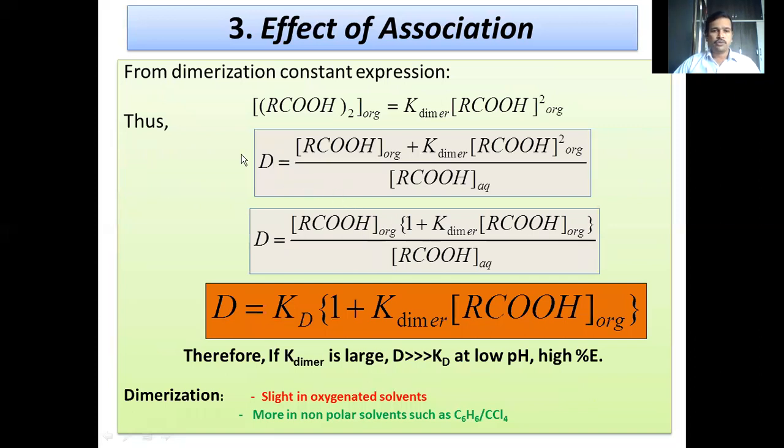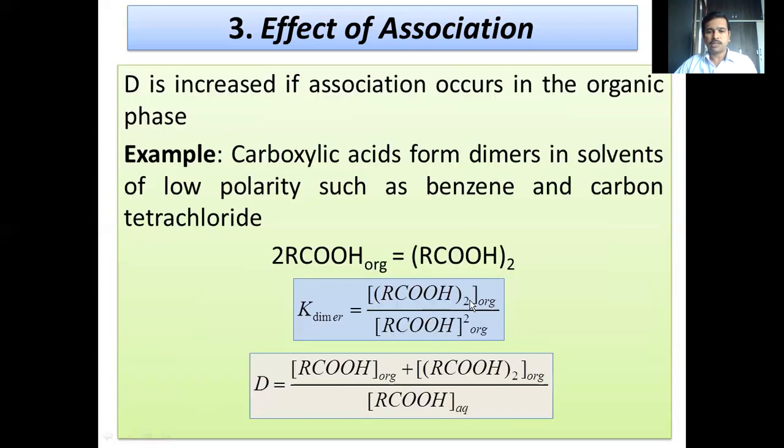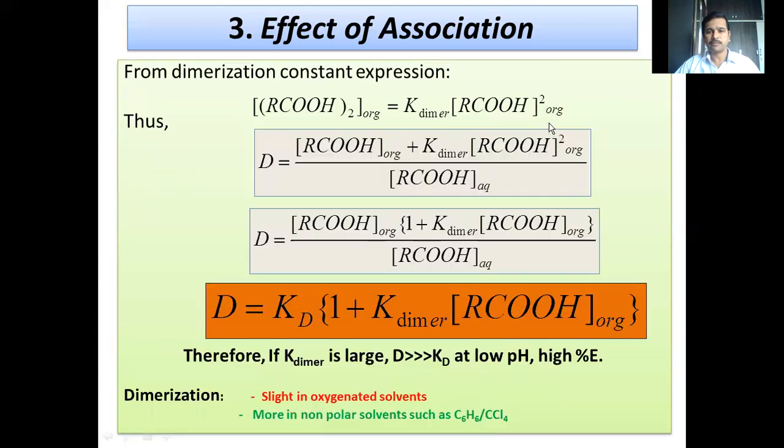Okay, so use that dimerization constant expression and obtain the value of the concentration of (RCOOH)2 in the organic phase. From this, the concentration of (RCOOH)2 in the organic phase is equal to K dimer times the concentration of the carboxylic acid to the power 2 in the organic phase. So that has been written here.